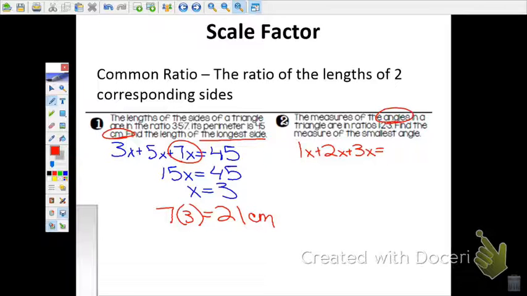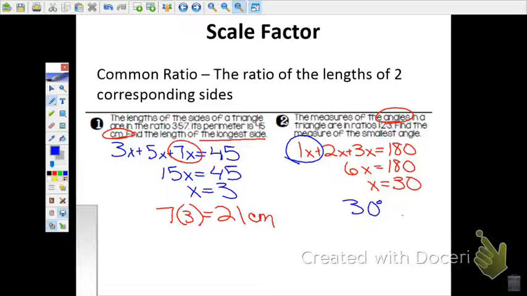Angles in a triangle add up to equal 180. We get 6x equals 180, and x equals 30. And then we want the smallest angle. So our smallest angle is 30 degrees. That's pretty small.